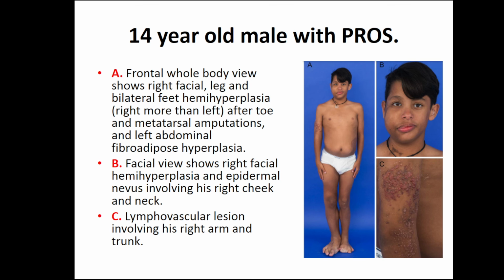Photo A is a frontal whole body view showing right facial, leg and bilateral feet hemihyperplasia, right more than left, after toe and metatarsal amputations and left abdominal fibroadipose hyperplasia. B. Facial view shows right facial hyperplasia and epidermal nevus involving his right cheek and neck. C. Lymphovascular lesion involving his right arm and trunk.